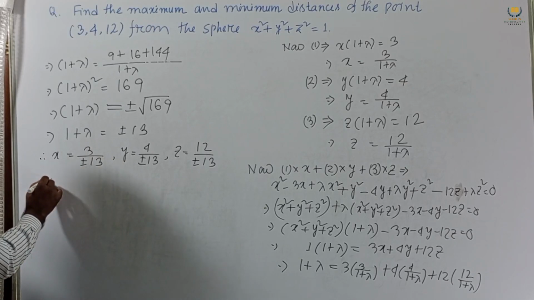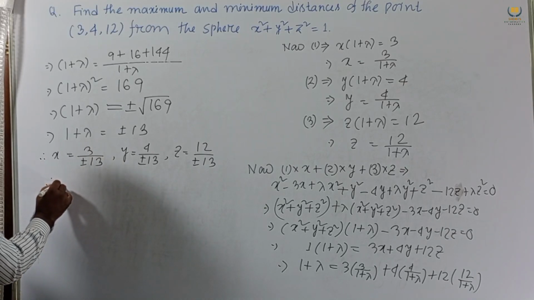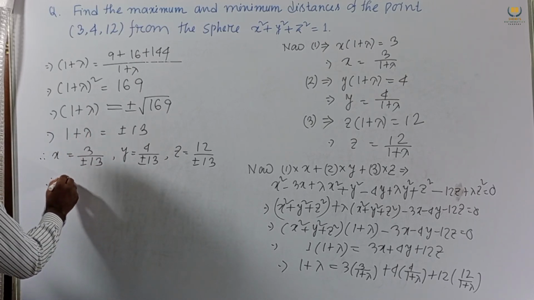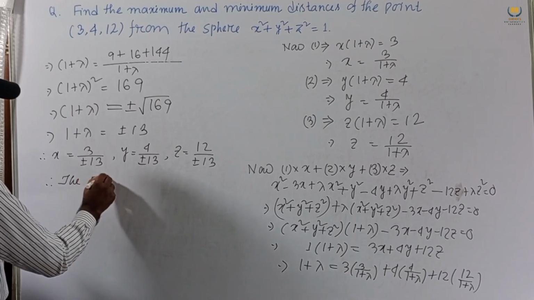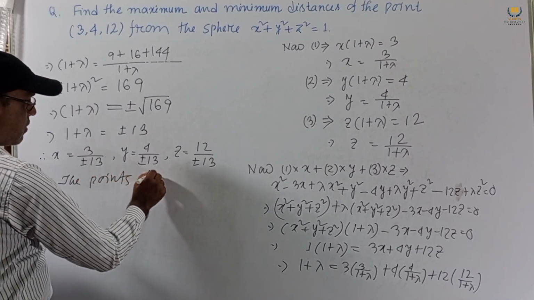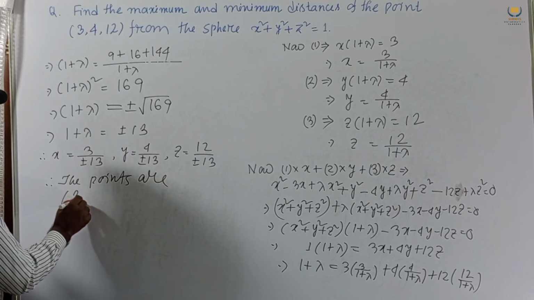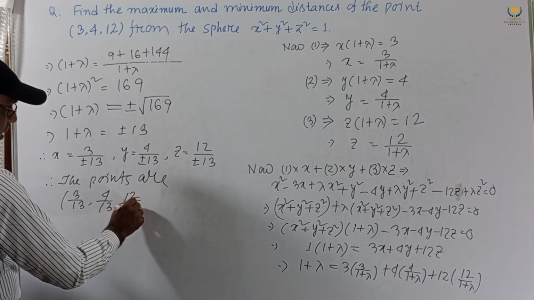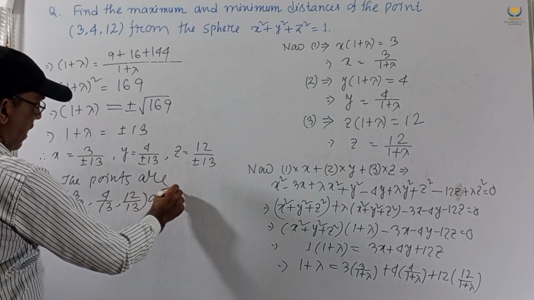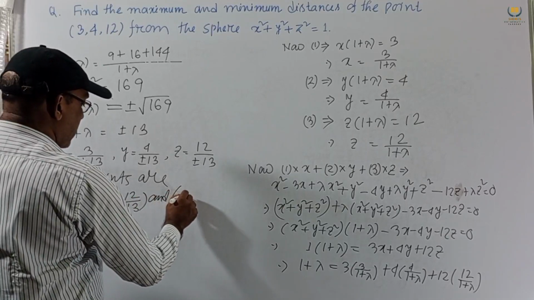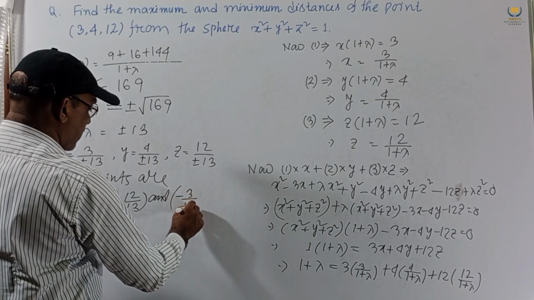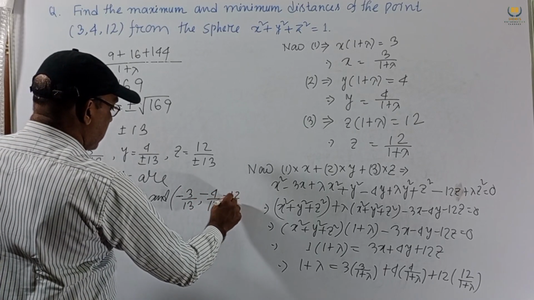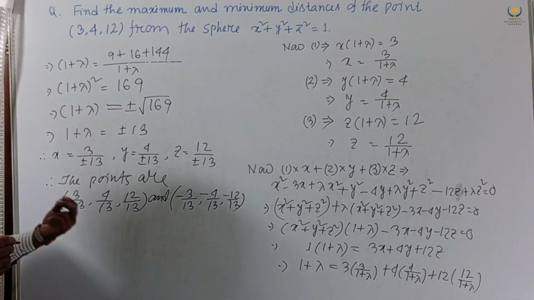So what we get, therefore, x equal to plus 3 by 13, minus 3 by 13. Therefore the points are: one point will be 3 by 13, 4 by 13, 12 by 13, and another point will be minus 3 by 13, minus 4 by 13, minus 12 by 13. These are the 2 points we have.